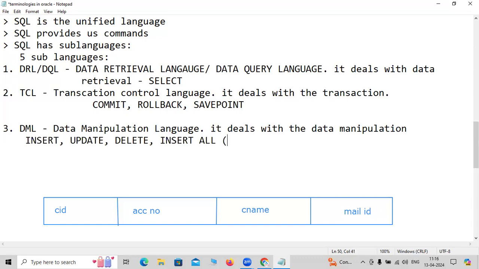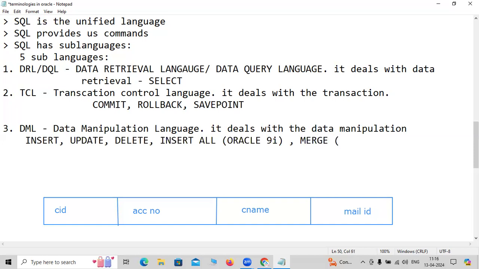Insert all was introduced in the Oracle 9i version. And then we have merge.